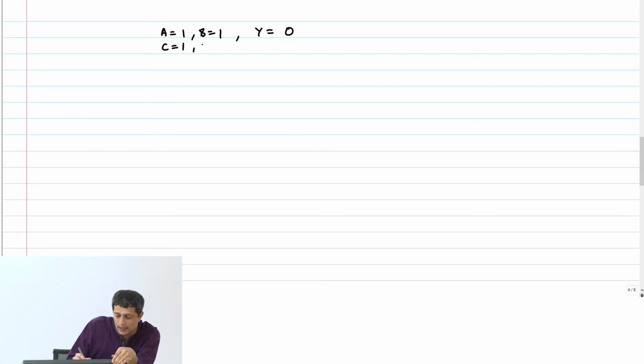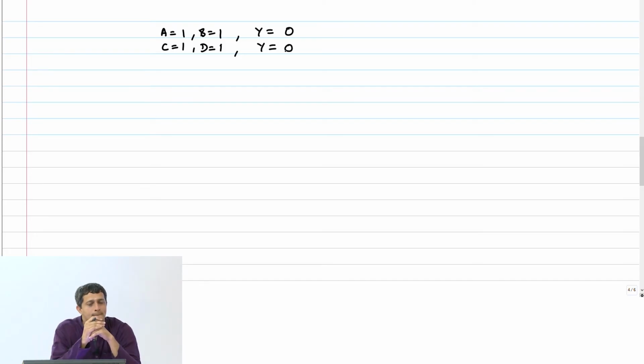So when A equal to 1, B equal to 1, the output Y is 0. When C equal to 1 and D equal to 1, output Y is 0.